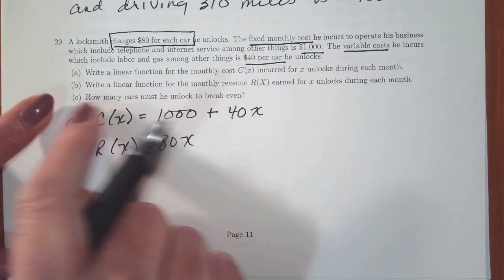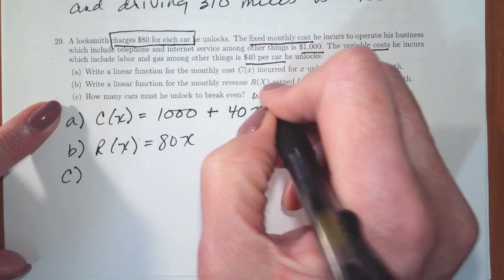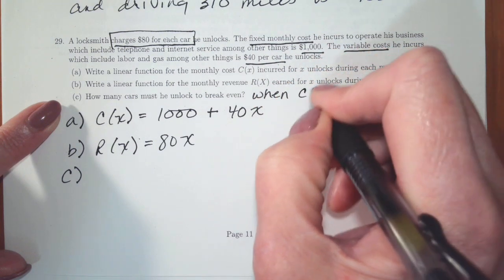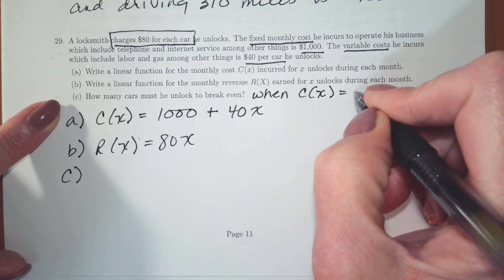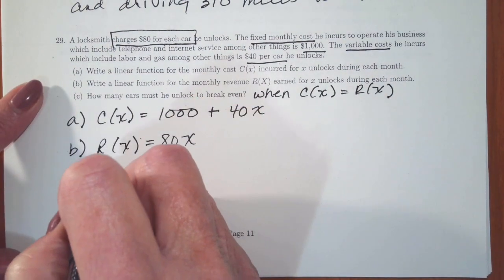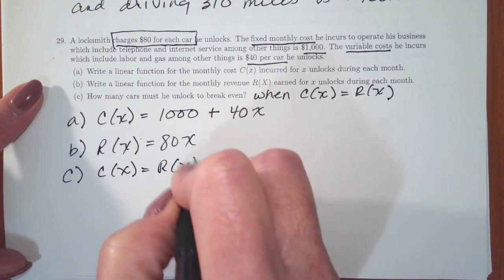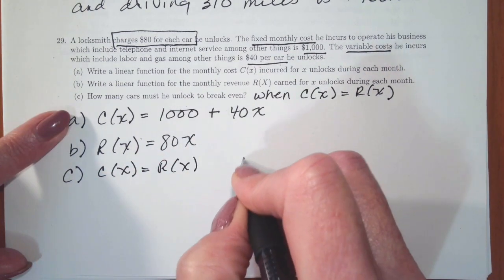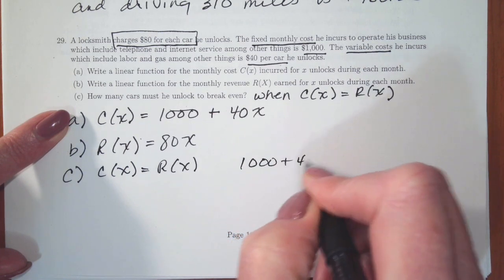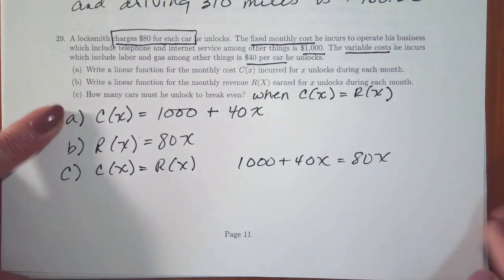Okay. How many cars must he unlock to break even? This is when the cost is equal to the revenue. So I want C of x equal to R of x, which is 1,000 plus 40x is equal to 80x. And now I'm just going to solve for x.